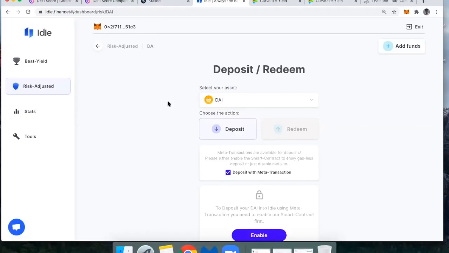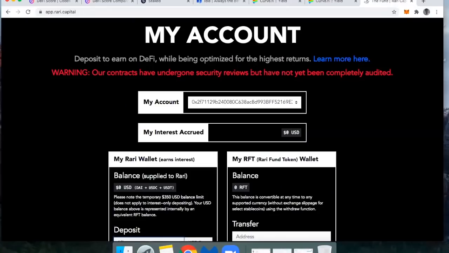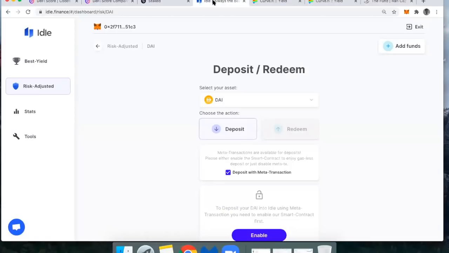In this case, it's actually these smart contracts that are used in Staked Ray, in IDLE.FINANCE, in the Curve Y pool, and then in RARI Capital. These are all moving my money across lending pools to the highest interest rates.